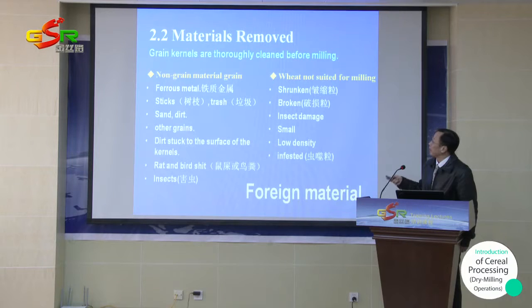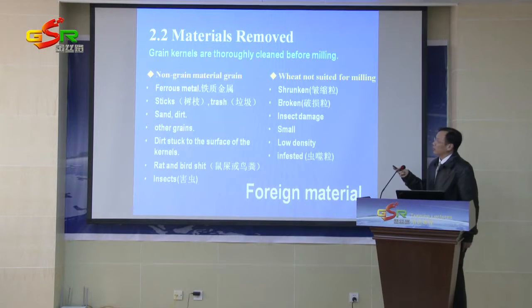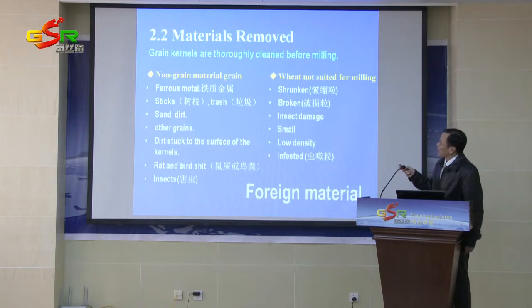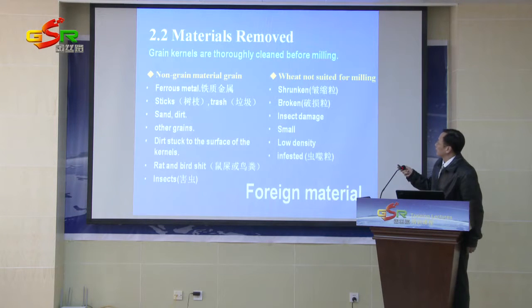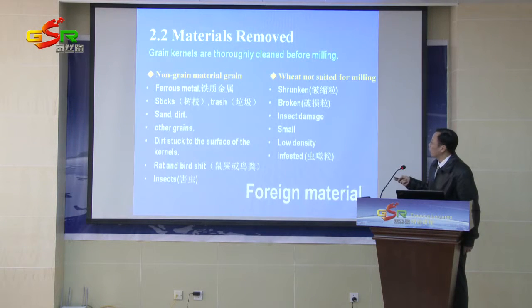And the wheat, for example, this is a milling for wheat milling. Wheat not suited for milling should also be removed from the cereal, such as the shrunken kernel, broken kernel, and insect-damaged kernel, small kernel, and low-density wheat, and infested kernel.